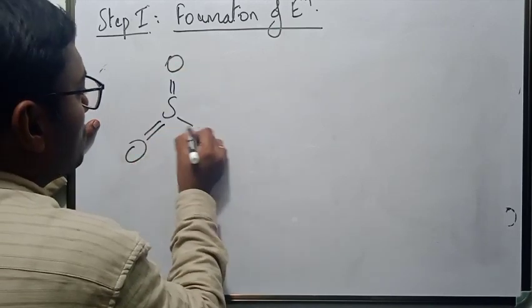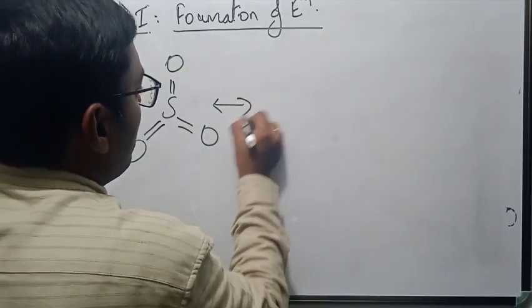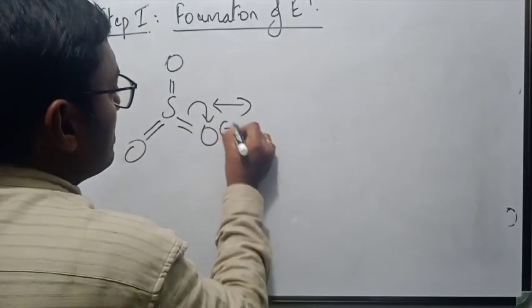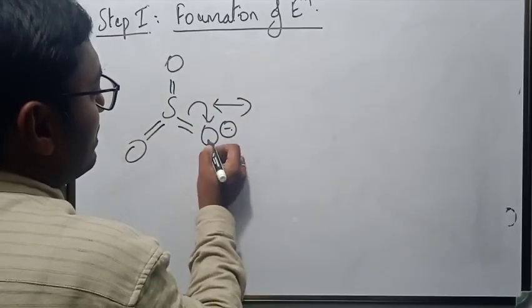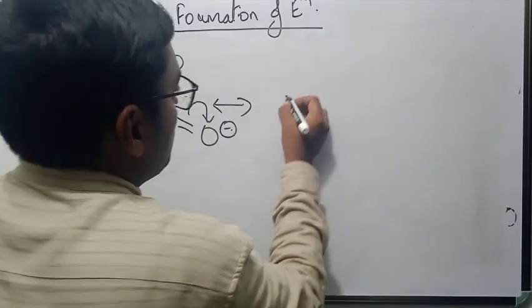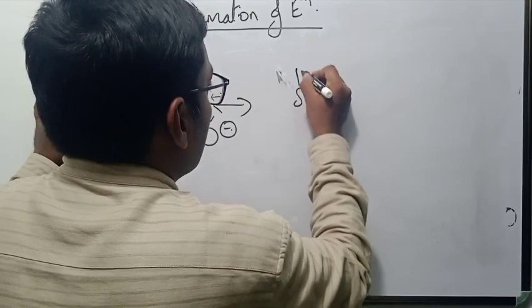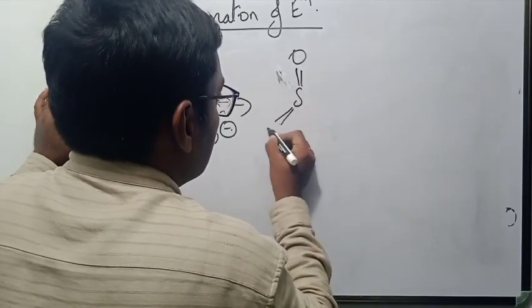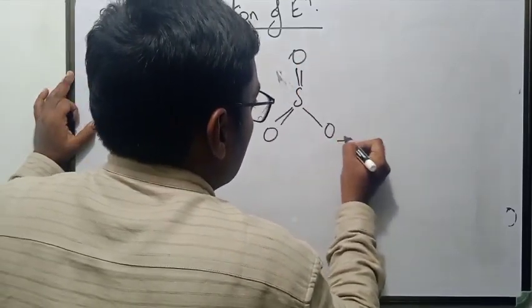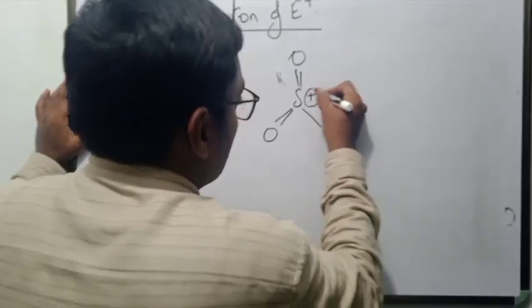This is SO3, fine. Because all are electronegative, one of the oxygens pulls, and what would happen? Yes, that would become negative and S would become positive.